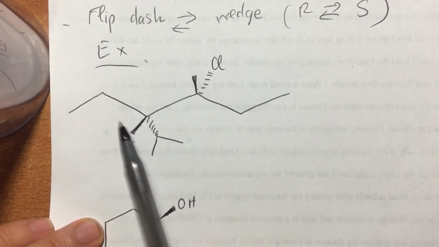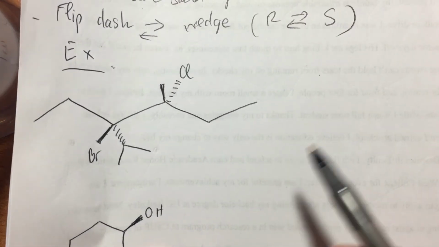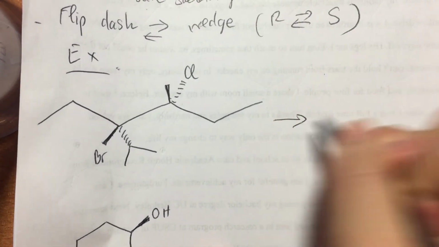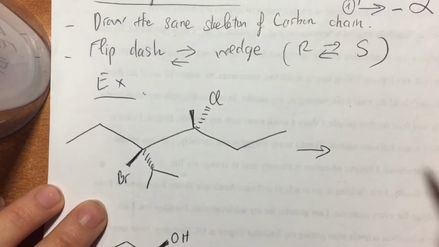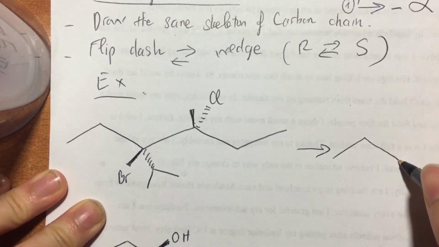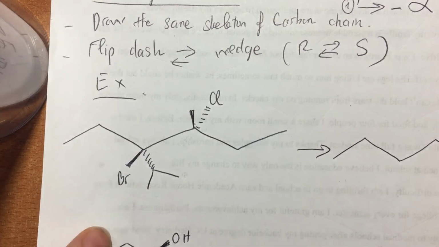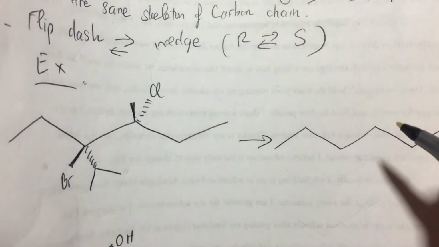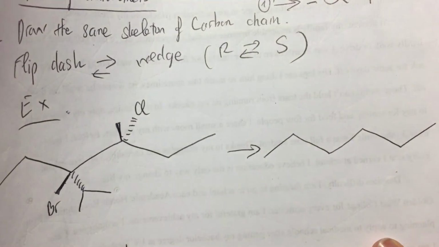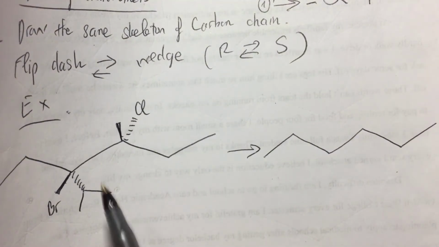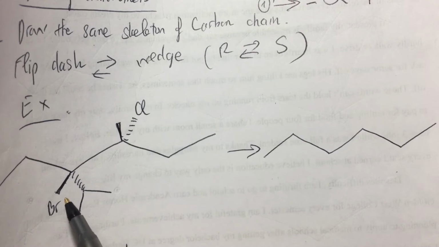So for example, if we have this compound and we want to draw its enantiomer, I will keep the same carbon skeleton. So I draw the same carbon skeleton here. But now I flip whatever dash to wedge and whatever wedge to dash.